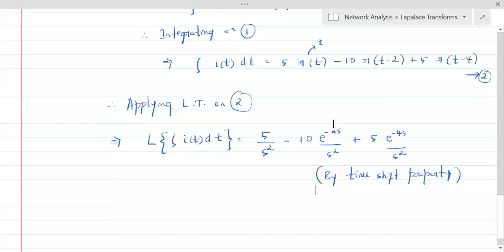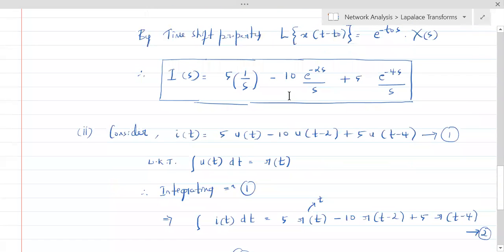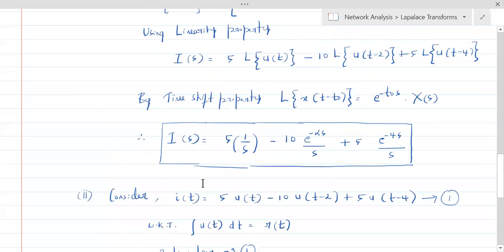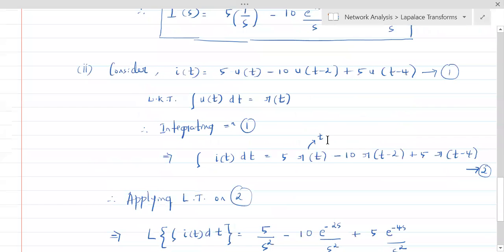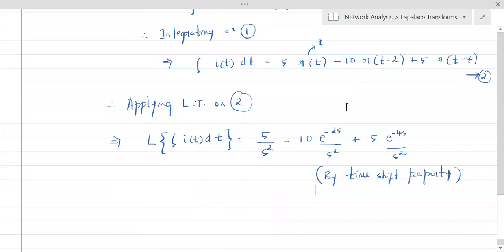In the previous case, the Laplace transform of u of t is 1 by s, that's why it was 1 by s. For the shift, it is e power minus 2s. Similarly here, for the shift, it is e power minus 2s, and for r of t, it is 1 by s square.